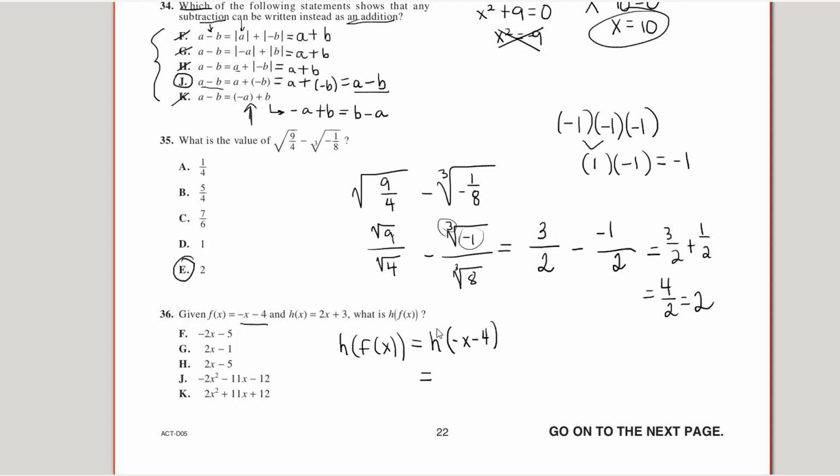Now everywhere there's an x in h, we're going to stick negative x minus 4. So 2 times negative x minus 4, plus 3. Then we're just going to simplify, distribute the 2 through here. We get negative 2x minus 8 plus 3. That's equal to negative 2x minus 5, which is answer choice F.